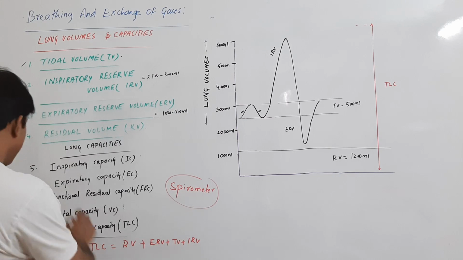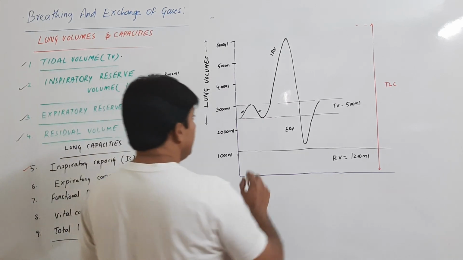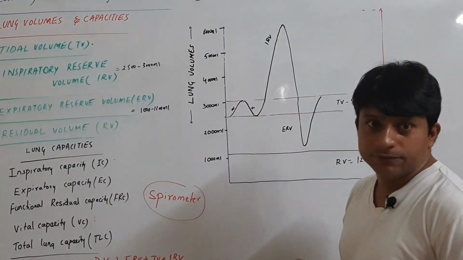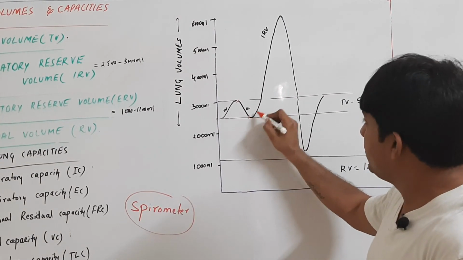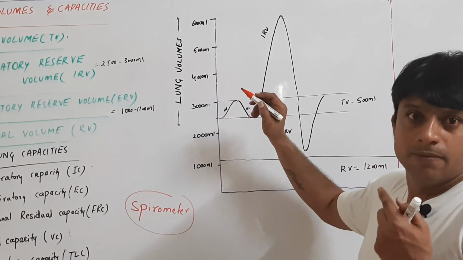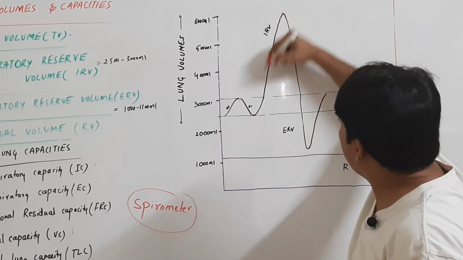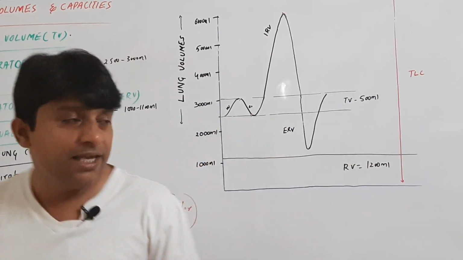Now, your inspiratory capacity. Look, this is normal expiration. After normal expiration, this is inspiration and forceful inspiration, which is called your inspiratory capacity.